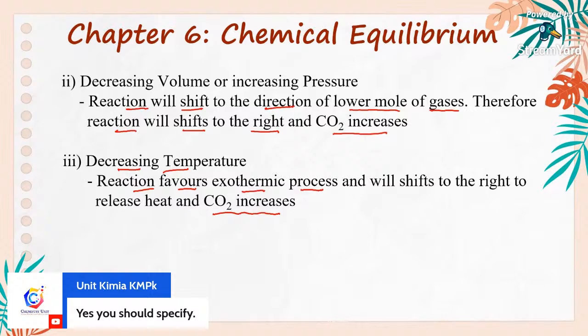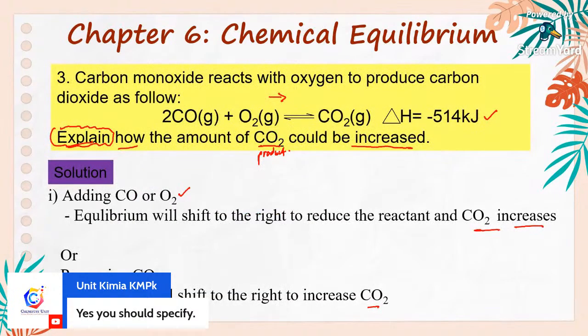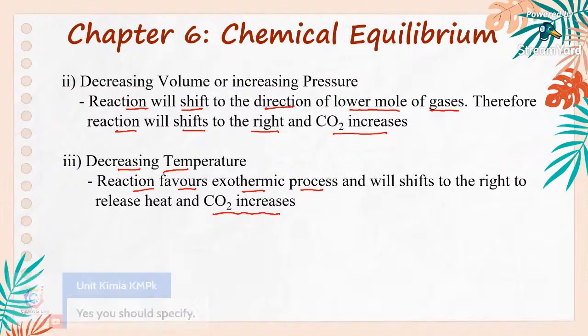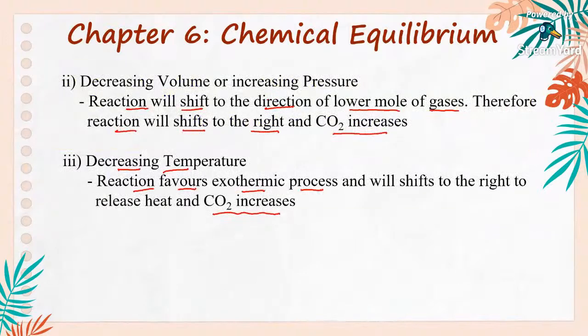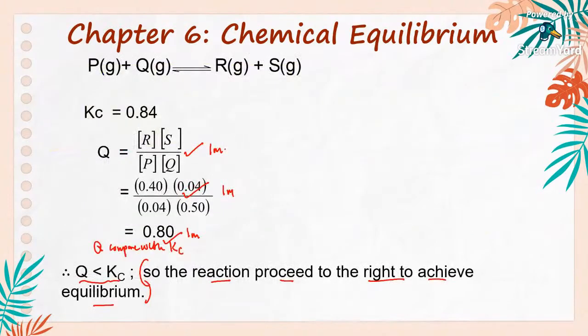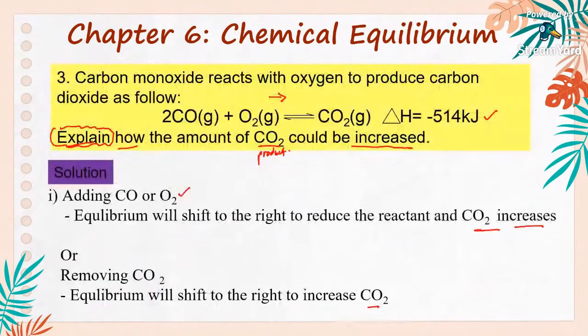So this is a question of giving the factors of how: concentration, volume or pressure, and temperature. So you have to read the question carefully. Chapter 6, these are some examples that I've given.